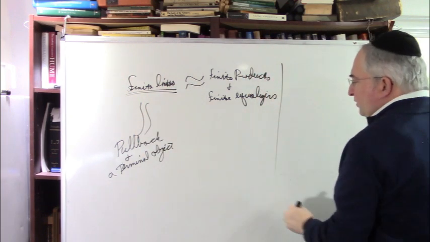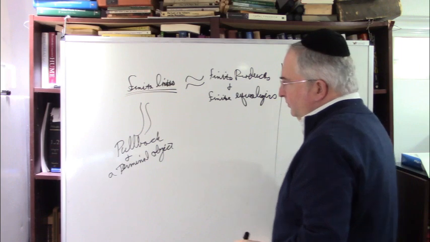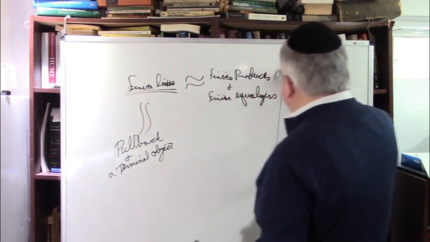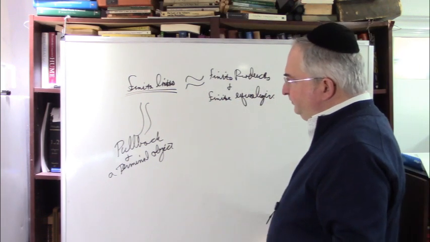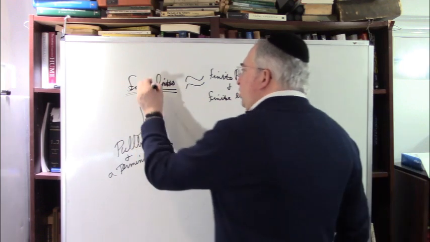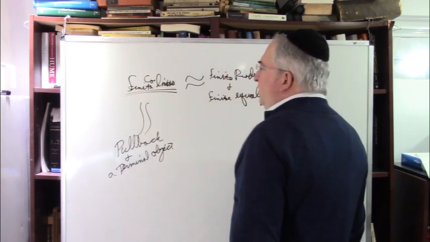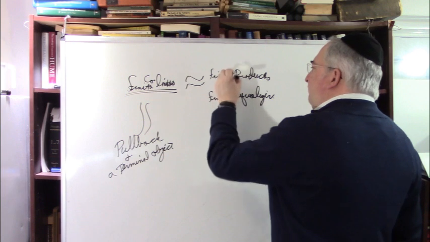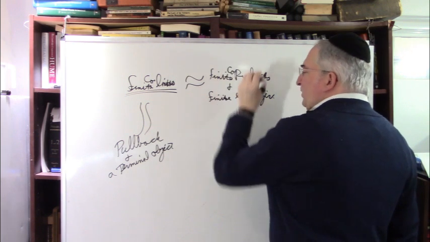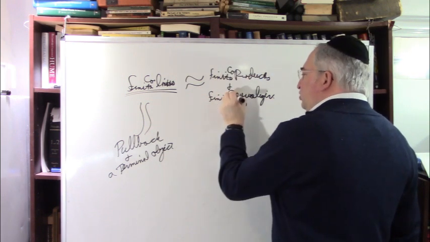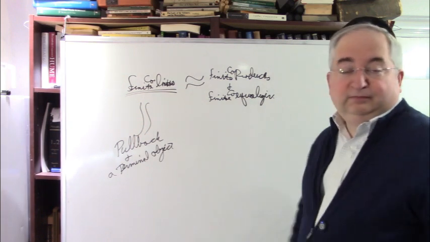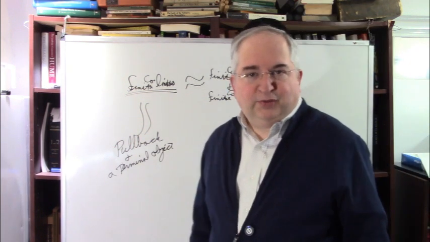Great. What about colimits? Well, I don't even have to do that. You ready? Finite colimits are if you have finite coproducts and finite coequalizers. Everything falls out of duality.